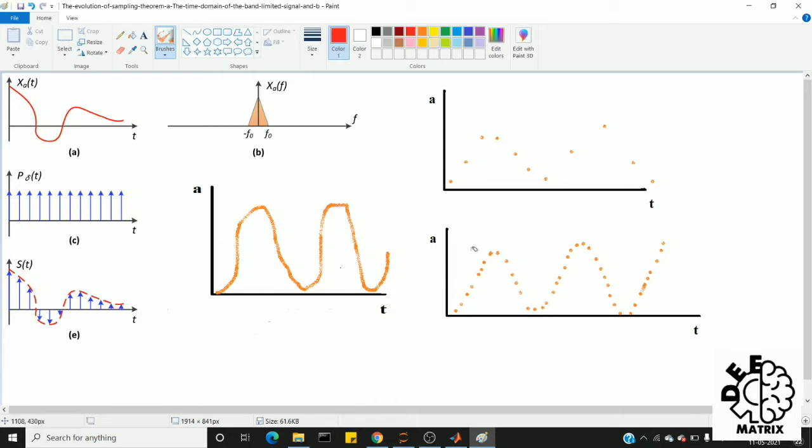So let me join the points, using some light color. I'm joining the points. This is more similar to the input signal which we have given, but let me draw here.